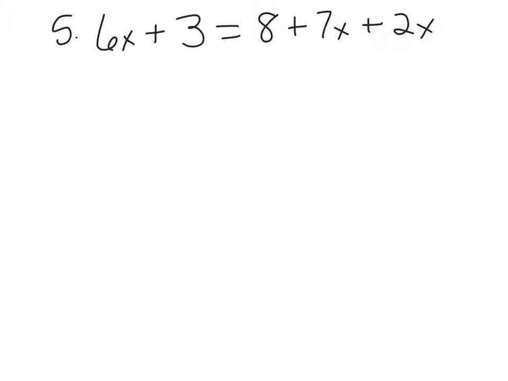So here we have 6x plus 3 equals 8 plus 7x plus 2x. The first thing we want to do is combine like terms. So we would end up with 9x on this side, and nothing happens on the left side. We can get rid of the 6x on this side because the larger coefficient is over there.